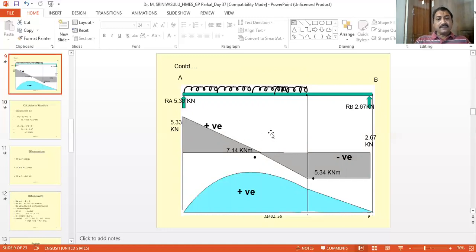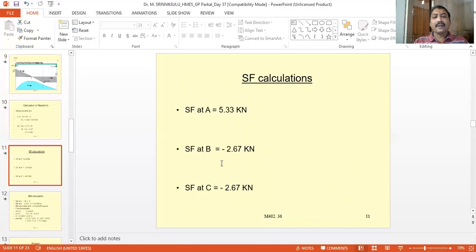Here the maximum shear force is acting at point A, the left support, that is 5.33 kN, and the maximum bending moment of 7.14 is acting at point D, at a distance of 2.67 meters from the left support. So this is the solution for the problem.